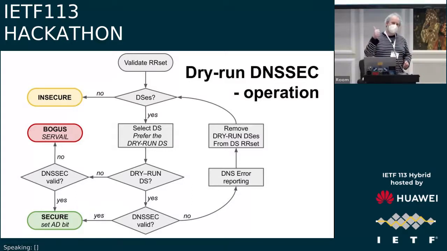If it works, great, the answer is secure. If it doesn't, then you fall back to what the situation would be without this delegation signer. So if dry run is the only one, you fall back to insecure. If there are other situations, you fall back to secure, probably, but that way you can try out algorithm rollovers and all sorts of DNSSEC situations.